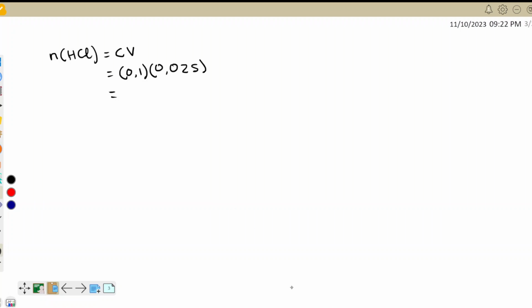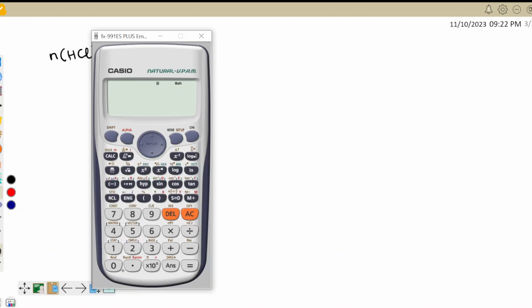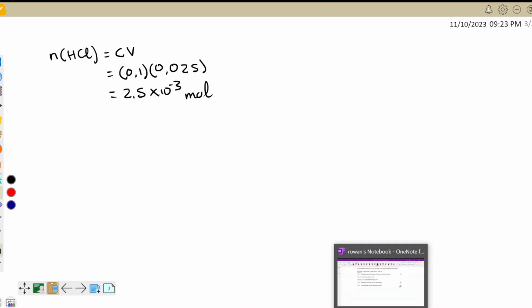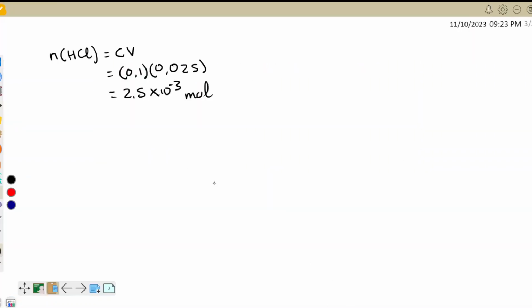Then you multiply: 0.1 multiplied by 0.025. Then the answer is 2.5 times 10 to the power negative 3 mole. So we do now have the number of moles of the hydrochloric acid.